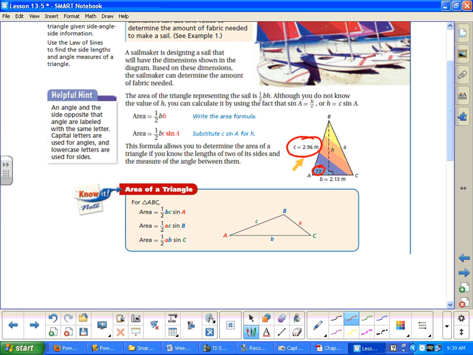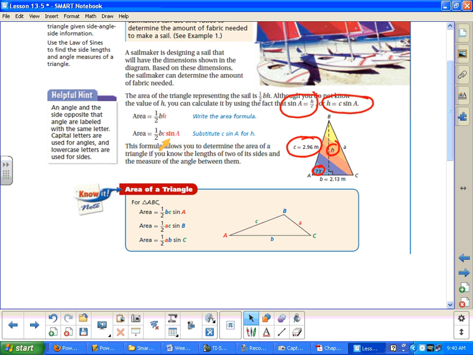To find the height, sine of A is equal to the height over side C. If I multiply by C, then the height is equal to C times the sine of A. So in this problem I'm replacing the height h with C times the sine of A.